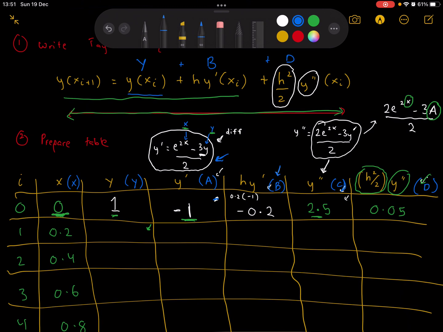So y plus b plus d is actually 1, okay, y plus b, our b value is negative 0.2, plus d value is 0.05. I will get the value of 0.85.